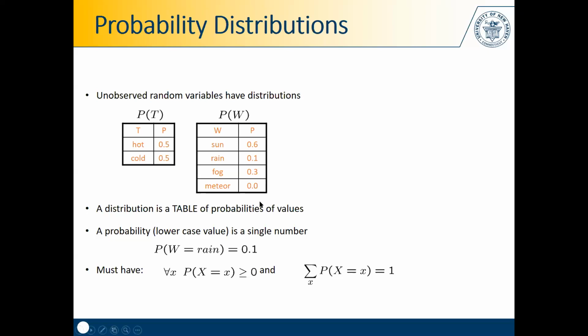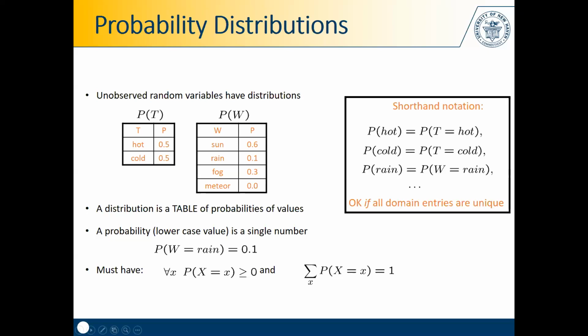All right. So one more thing about the notation. You can also represent the distribution or individual probabilities in a probability distribution using this notation. Just in this class, we are calling this the shorthand notation.